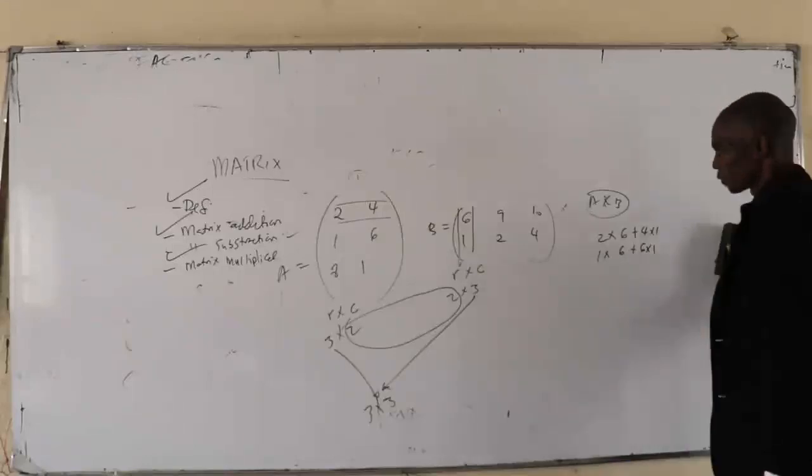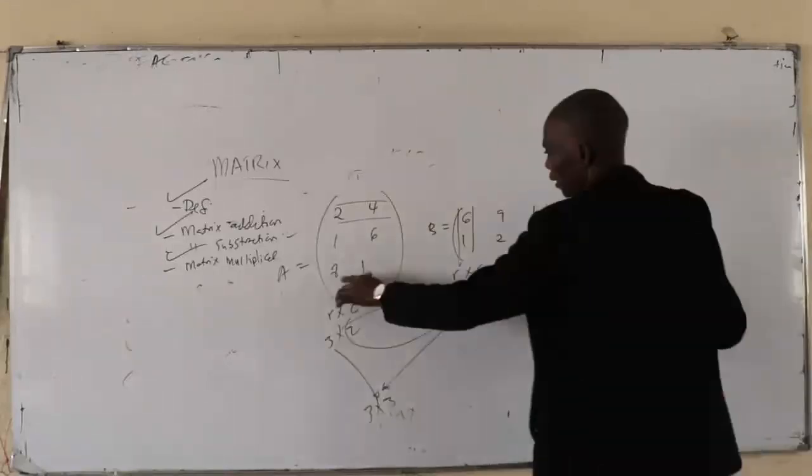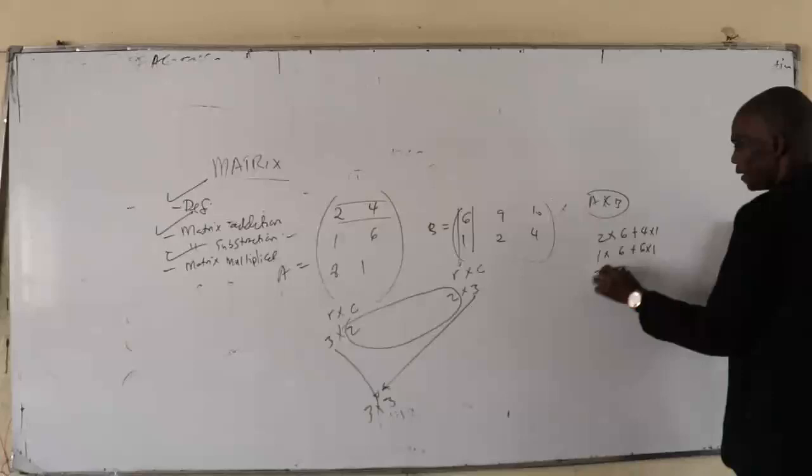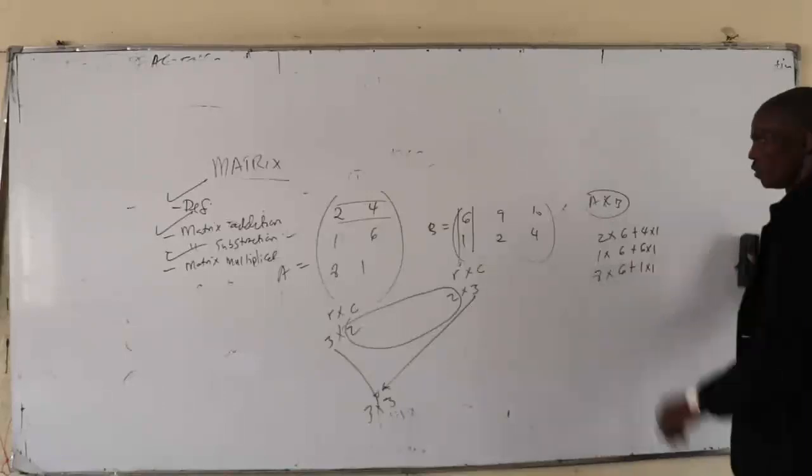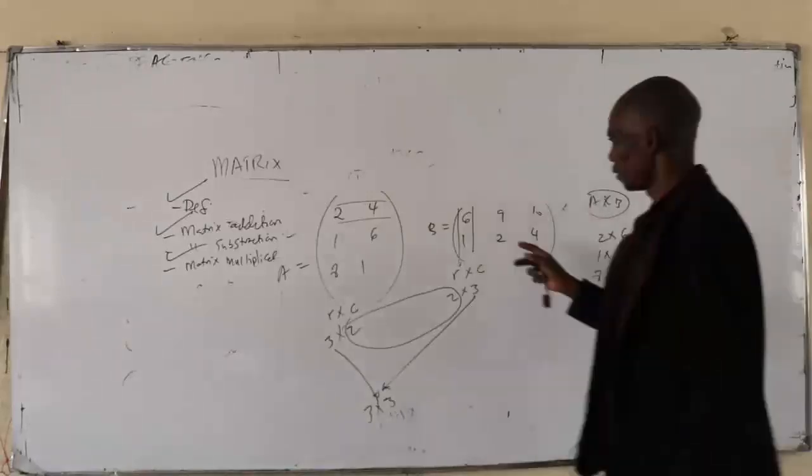Then we have 8 times 6 plus 1 times 1. Then you proceed to the next one, which will be this one and that one.